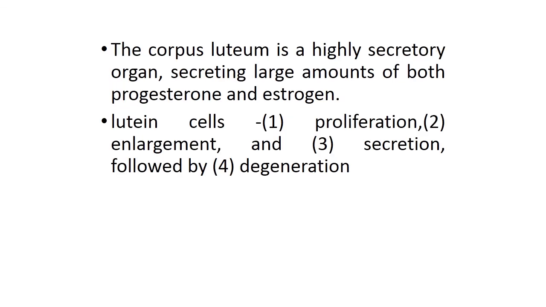The corpus luteum is a highly secretory organ, secreting large amounts of both progesterone and estrogen. Lutein cell proliferation occurs, enlargement occurs, secretion occurs, and this is followed by degeneration.